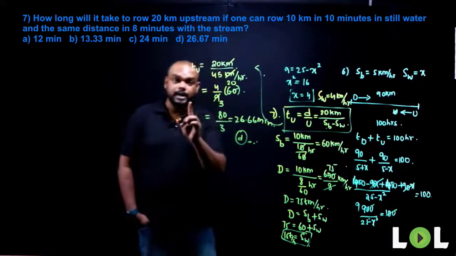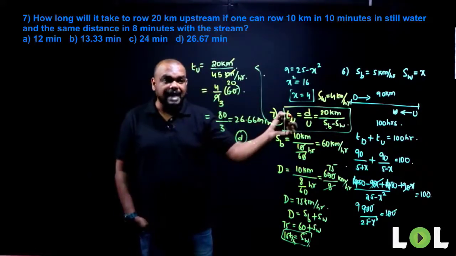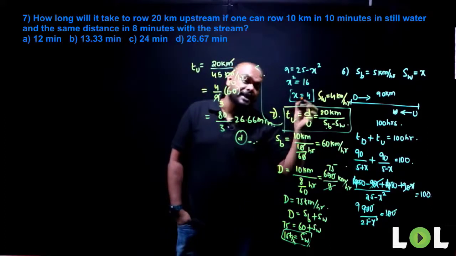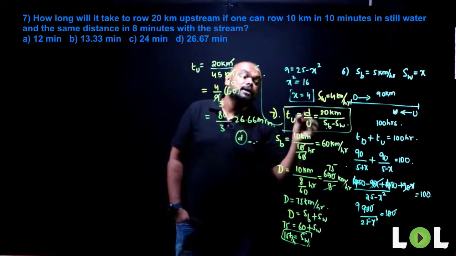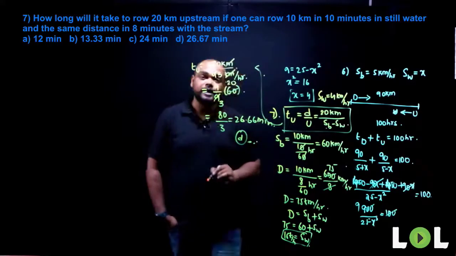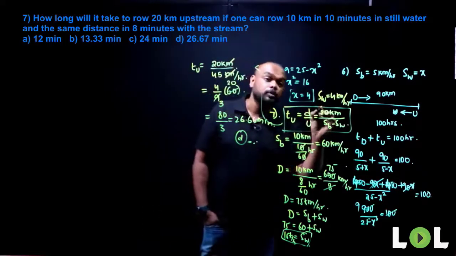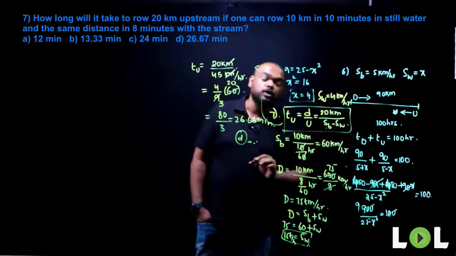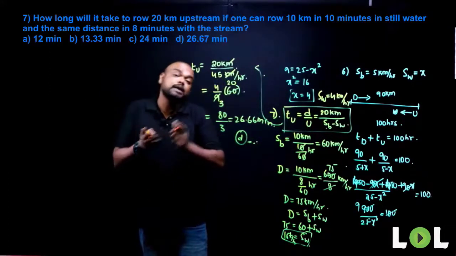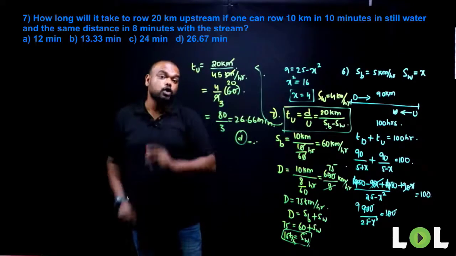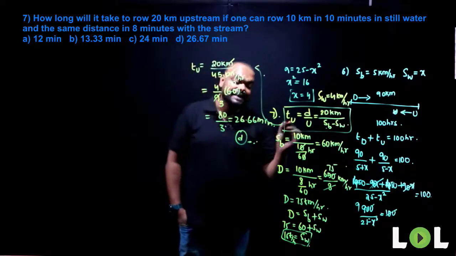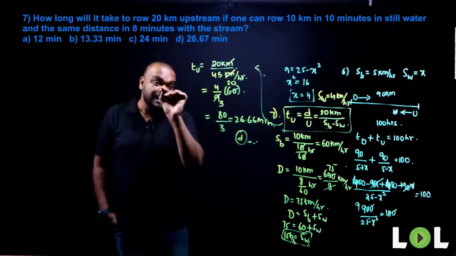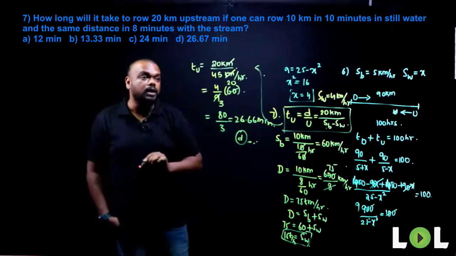I am repeating. He is asking to calculate time taken during upstream. That can be calculated using distance by upstream speed. Distance to be traveled is 20 km divided by upstream speed, which is SB minus SW. But we have neither SB nor SW. But he told us that a boat can travel 10 kilometers in 10 minutes in Stillwater, right?